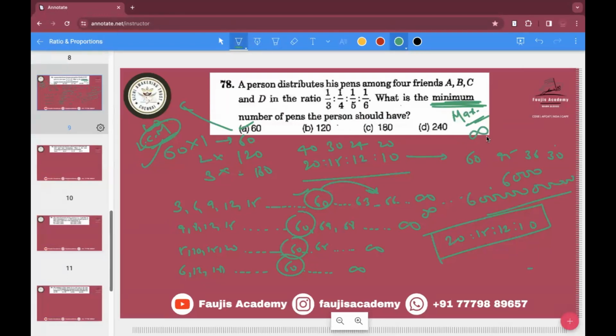But let's say this option is not there, and they say which among the given options is the maximum, then you will take 240 MB. And if this said only maximum and no options are there, that means infinity.